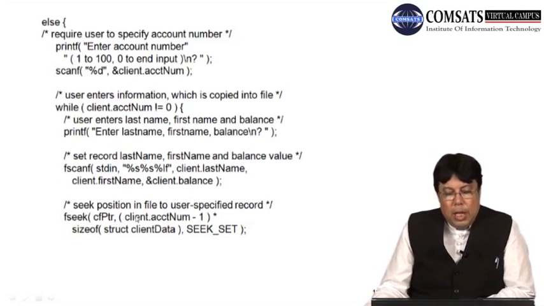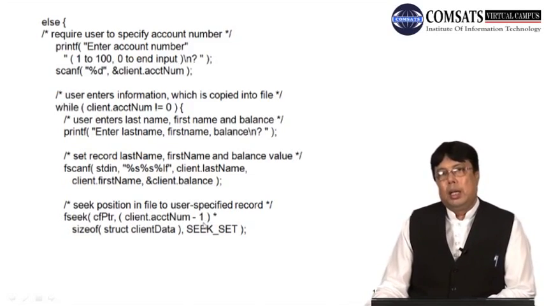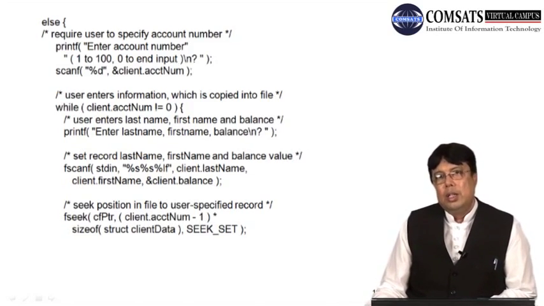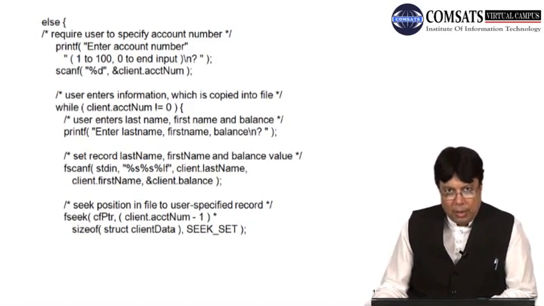Now, seek position in the file to the user-specified record. First of all, we need to set the pointer from where we are going to read or write the data. For that purpose, we need a pointer. The second point is client account number minus 1. That is the formula I was telling you about: for record 7 you need 6 multiplied by the size of the record, because the first record starts from 0.